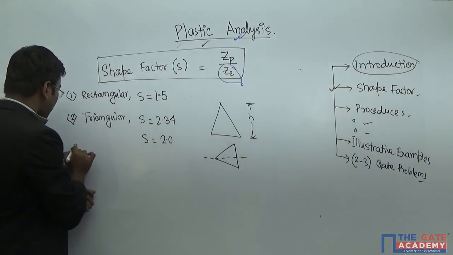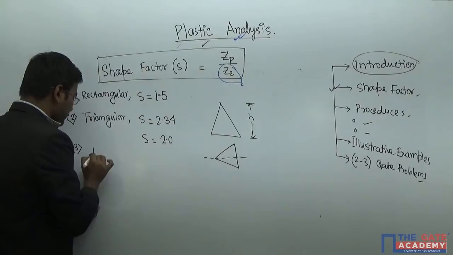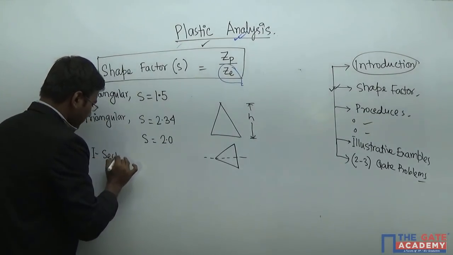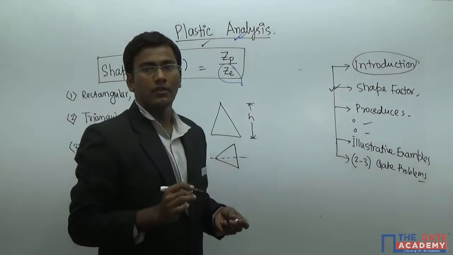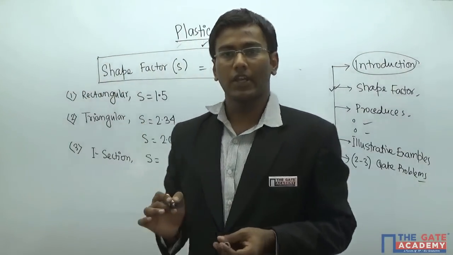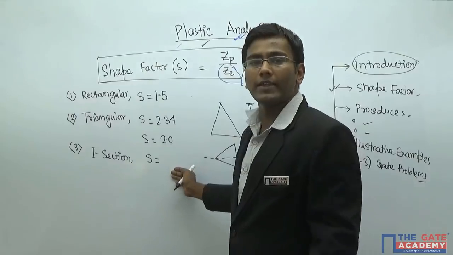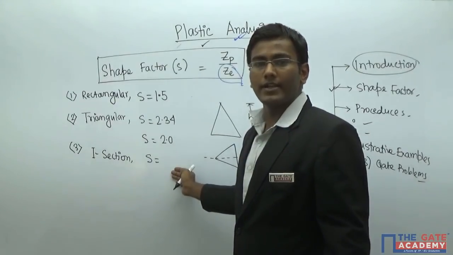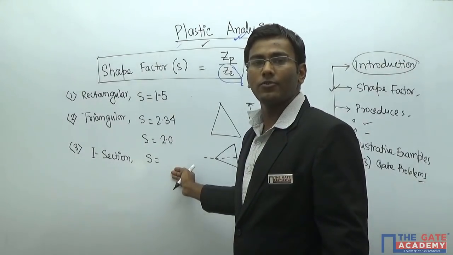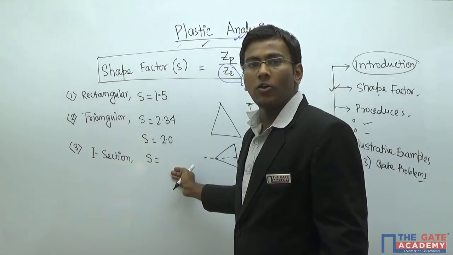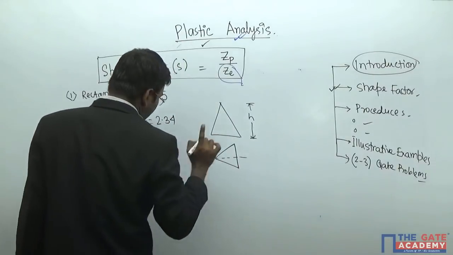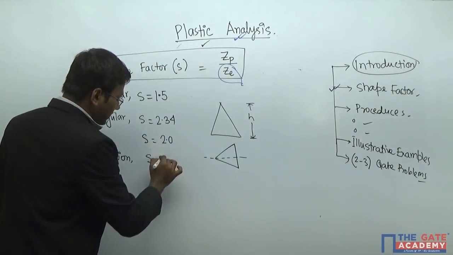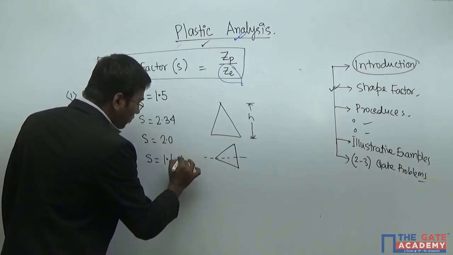Now there is another one, the I section. For I section, you can go through your IS codes, IS 800, IS 800 2007. You can find that for I sections, shape factors are different, but there is a certain range of the shape factors, that is 1.1 to 1.2.